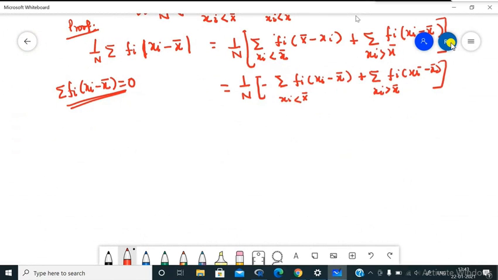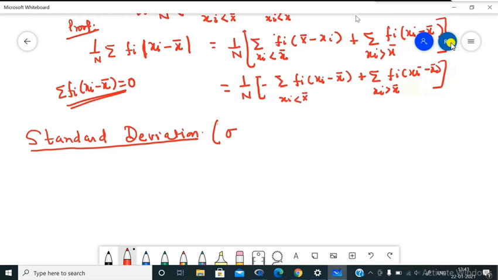I think all of you know standard deviation. It is also known as root mean square deviation. Sorry, it is not the same as standard deviation. Root mean square deviation is a little bit different, and standard deviation is denoted by sigma.